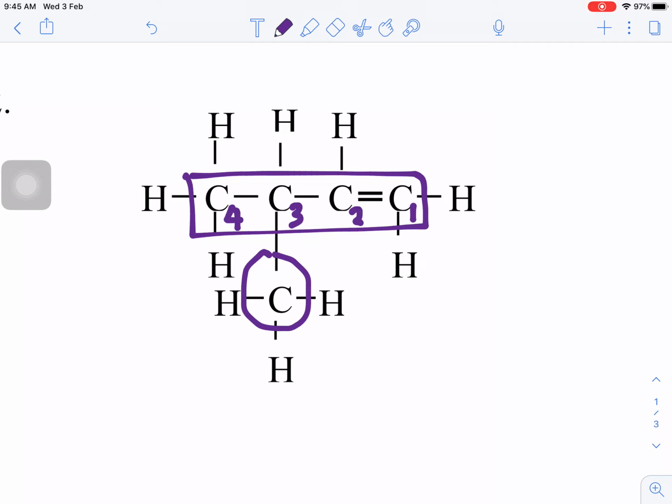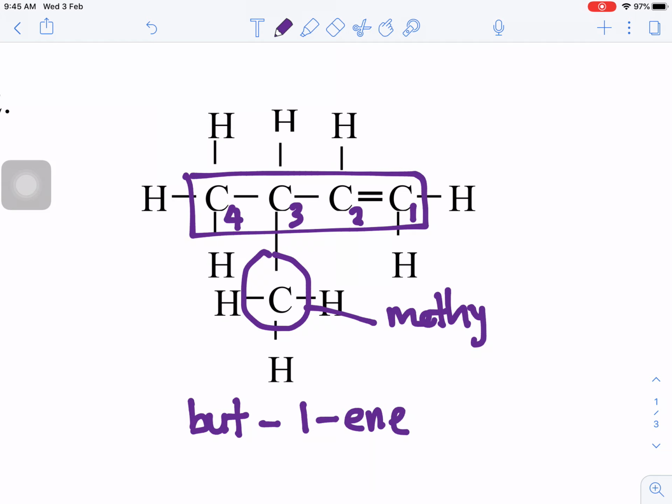So the name for the longest chain is but-1-ene. But then we have one branch which is methyl. The methyl is attached to carbon number 3. So the name is 3-methylbut-1-ene. Okay. Is it clear?